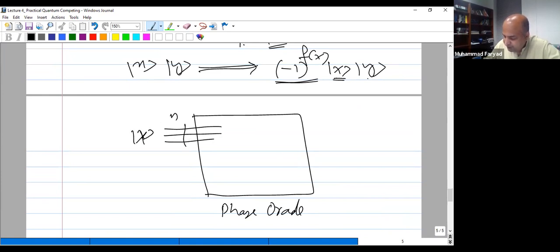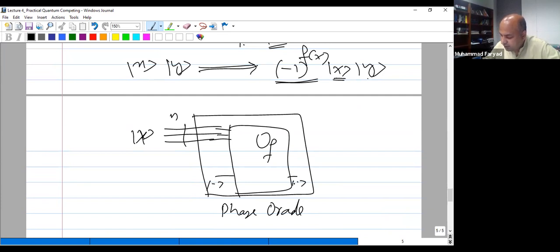from input x, and then inside this black box there is an amplitude oracle O_f, which takes a qubit in the minus state and gives it at the output in the minus state, but the x are now obtained as minus 1 power f of x times x.